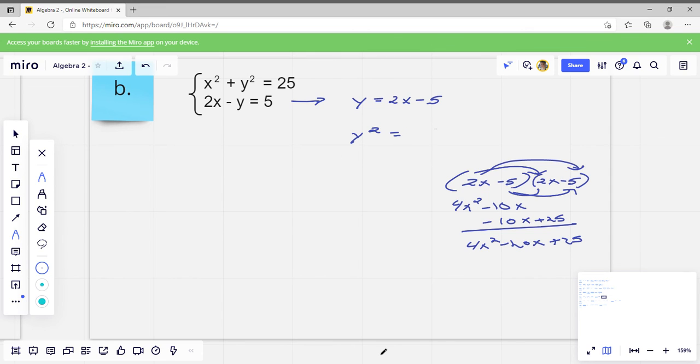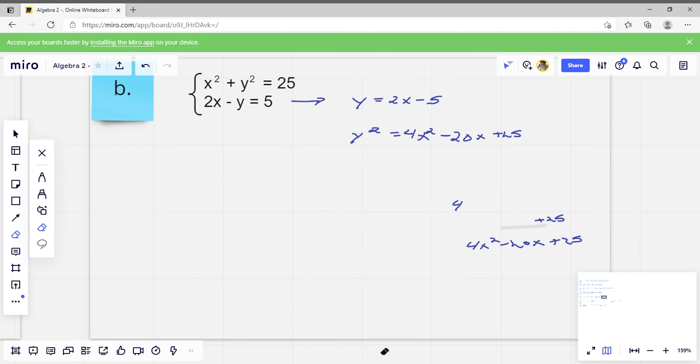So y squared equals 4x squared minus 20x plus 25. Now we're just going to substitute that value for y squared into the other equation, into that top nonlinear part of the equation.